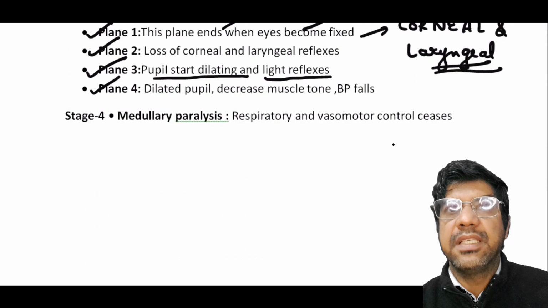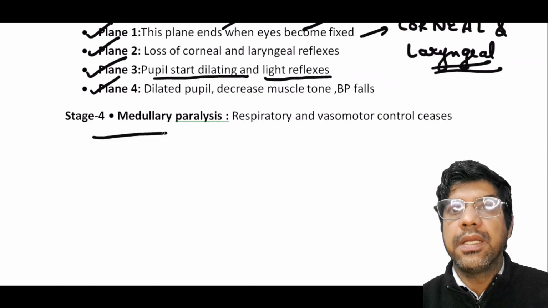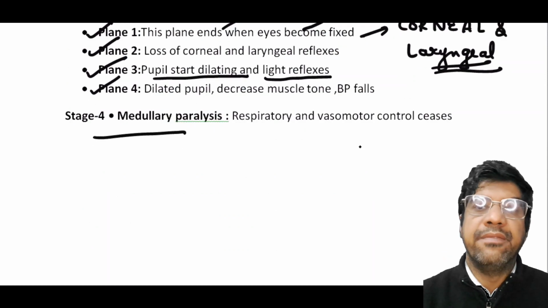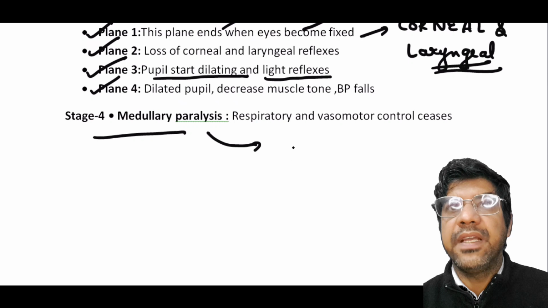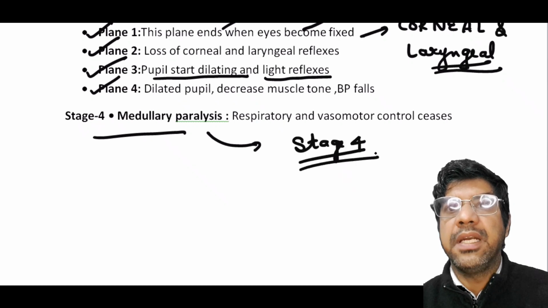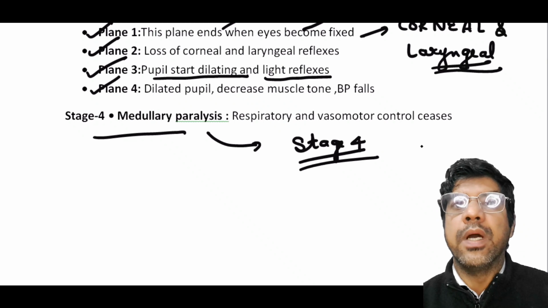The last stage is stage 4. Here, the respiratory and the vasomotor control ceases. So remember which is the critical phase. It's stage 4, which is critical, where immediate action is required.